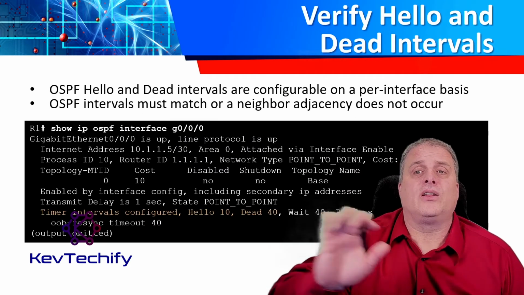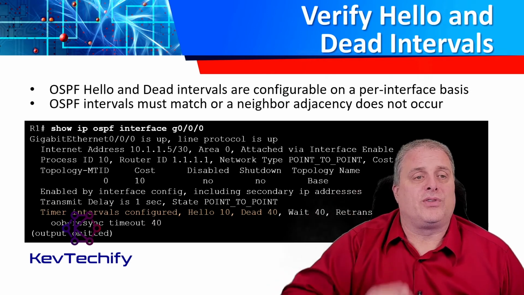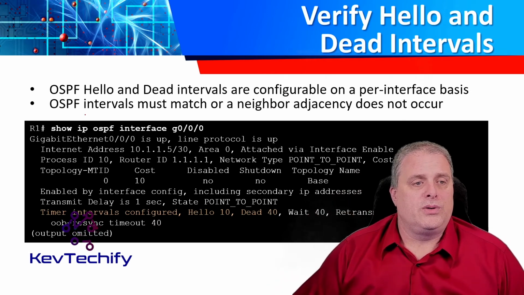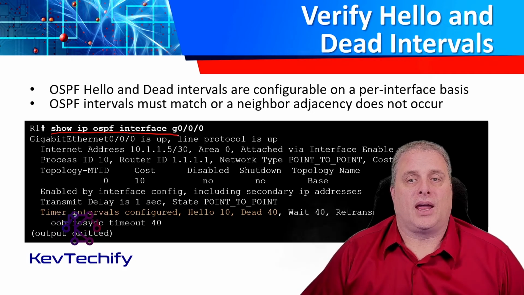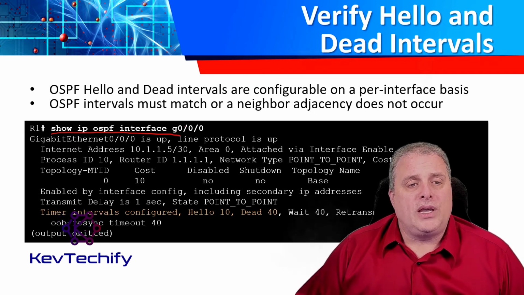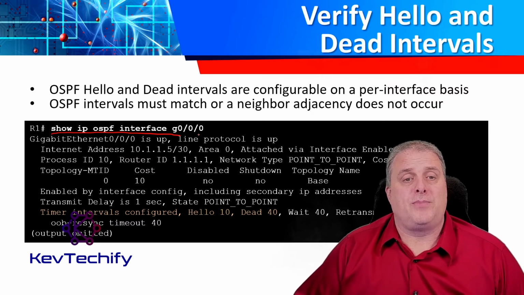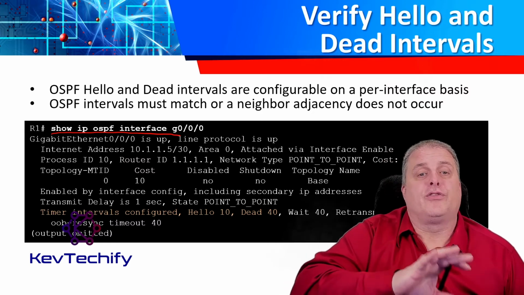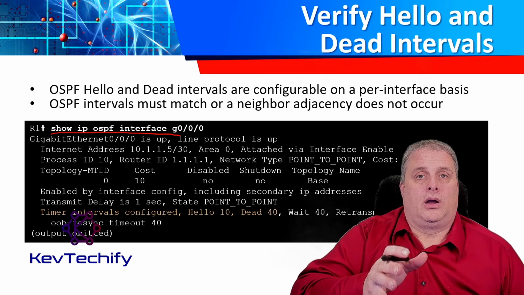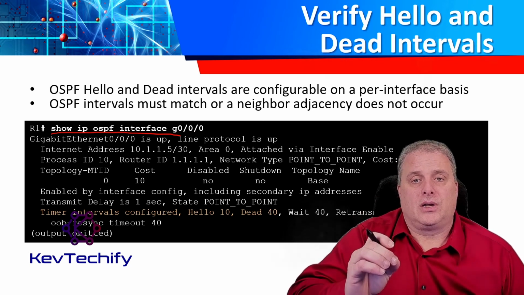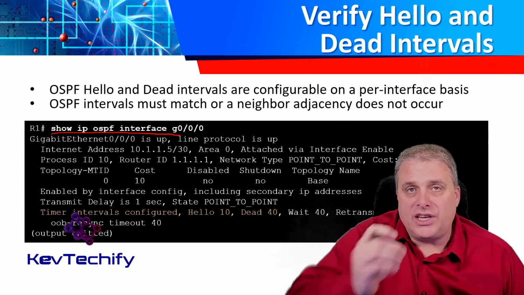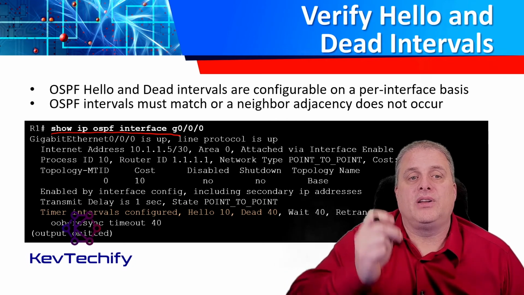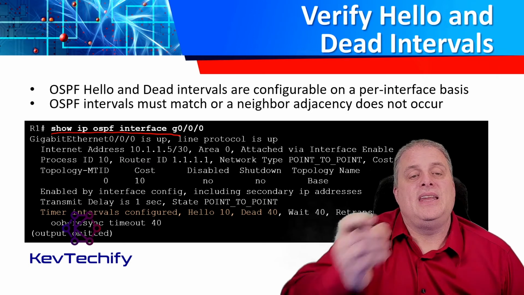To verify our hello and our dead interval timers, what we use here is the show ip ospf interface command. Now, they can all be configured on a per interface basis, so each interface could have a different number. But the neighbors have to match each other. To form that adjacency, the hello timer and the dead interval timers need to match.